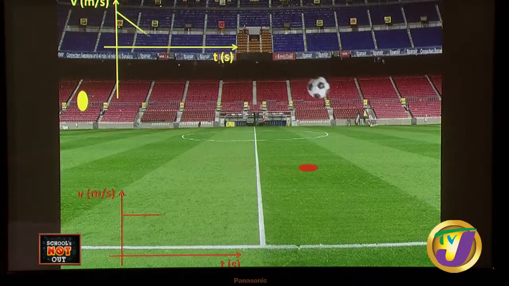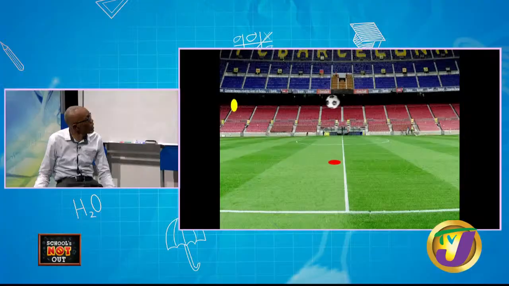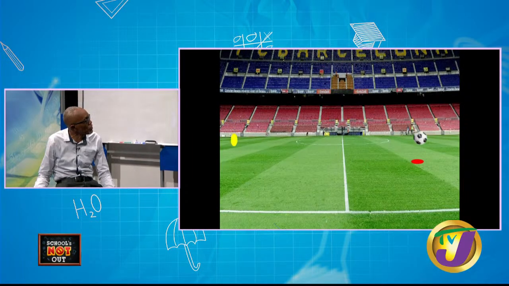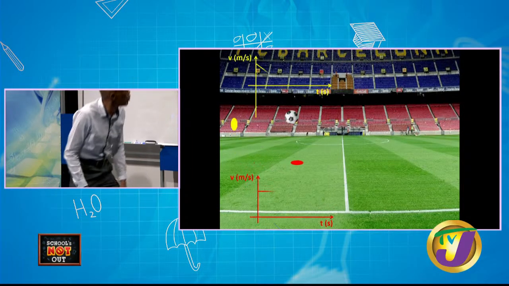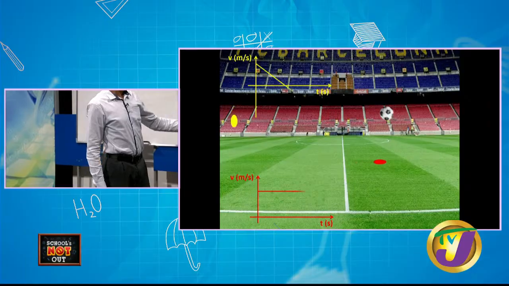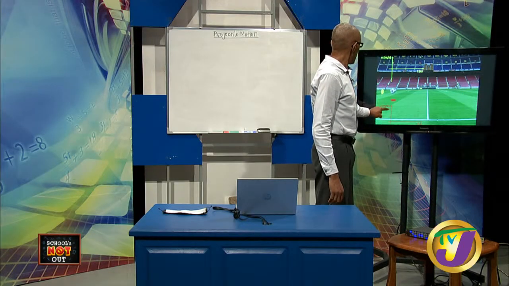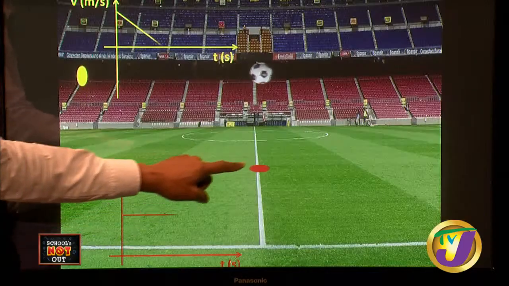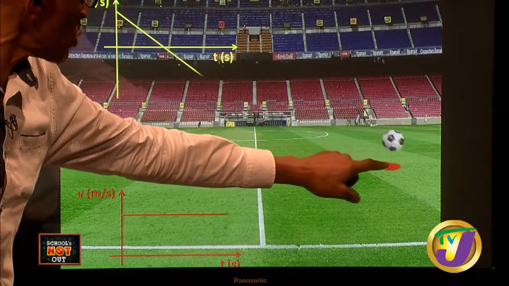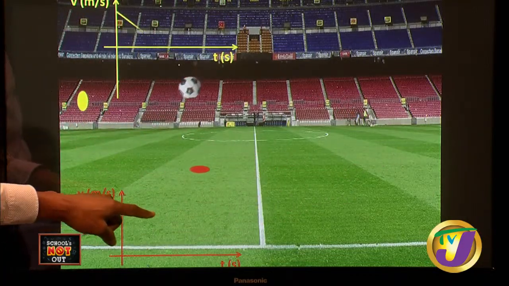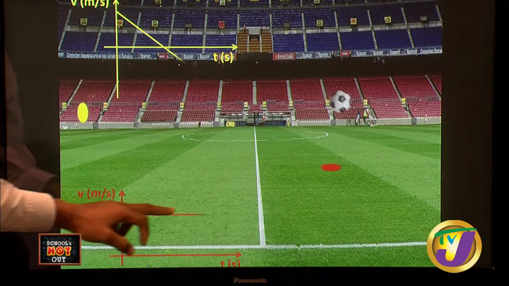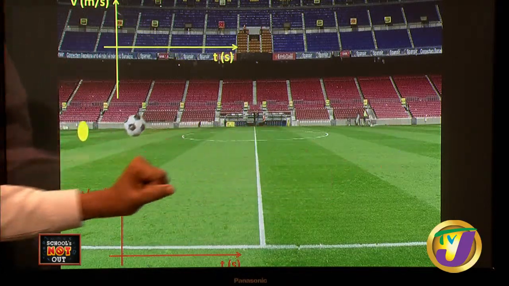All right, so if we were to look at two velocity time graphs to graph the motions of this ball, here we start here. When we look at the red dot, this is moving across with constant velocity. So here we have a velocity time graph, and this represents constant velocity.